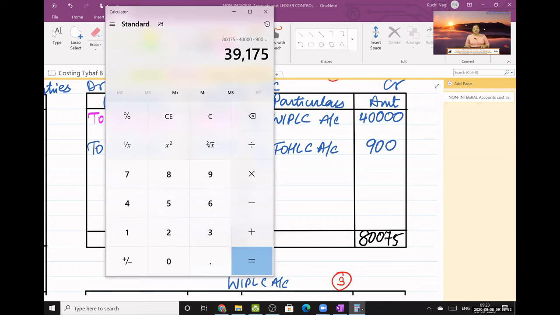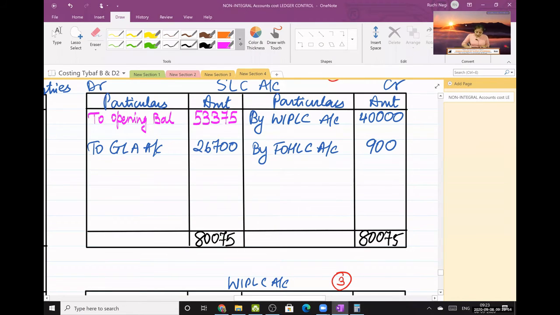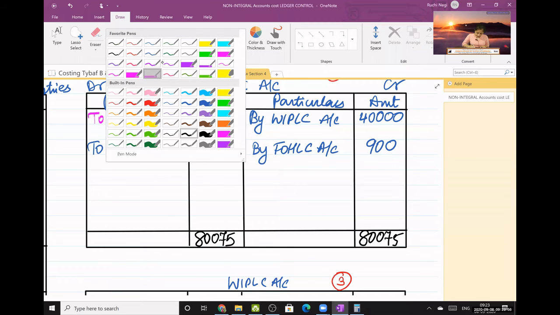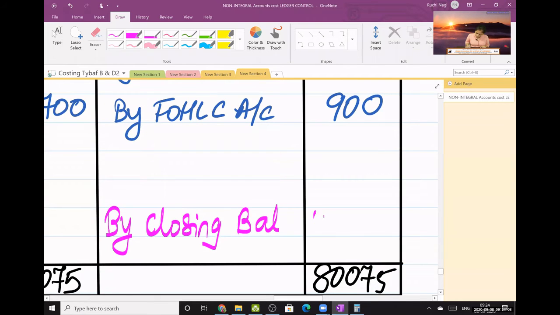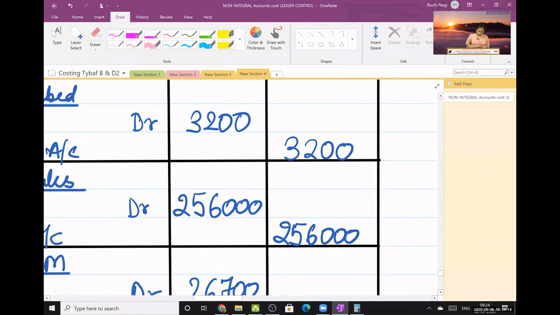The answer is 39,175. This is my closing balance. Closing balance 39,175. Take it to the trial balance.